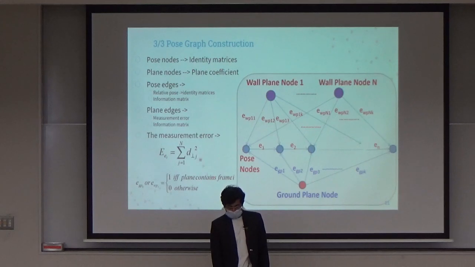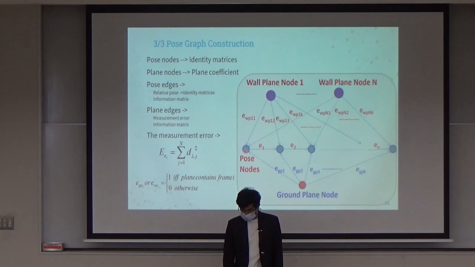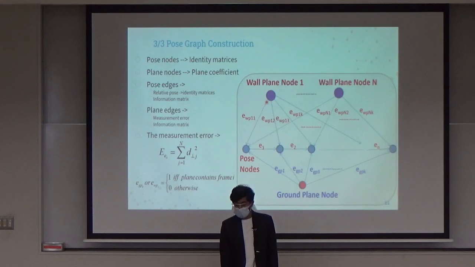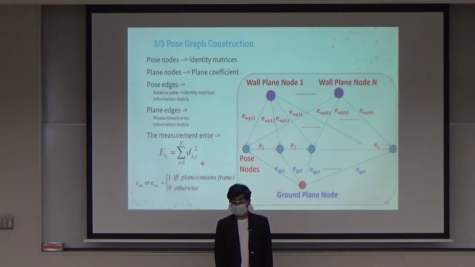Here the pose-graph construction is explained in some detail, where pose nodes are shown with these circles, and we use the walls and grounds as nodes. When the sensor moves from T0 to T1, we get a relative pose represented by E1, and we build a measurement error, which is the distance between the points and the wall and the ground.